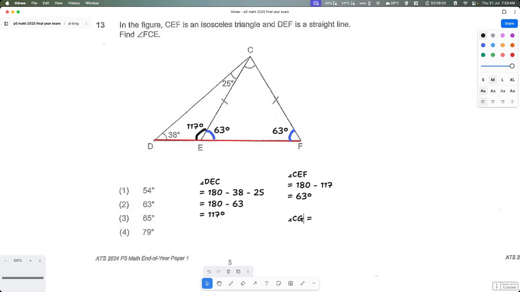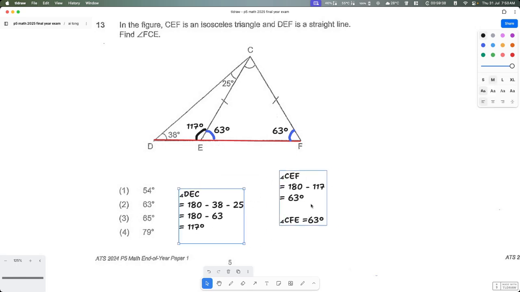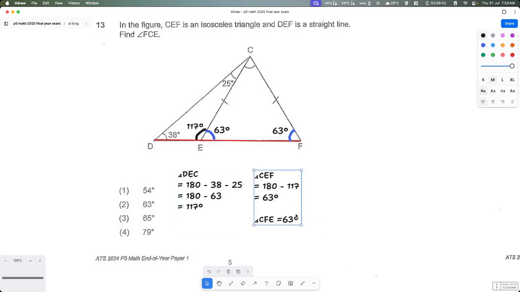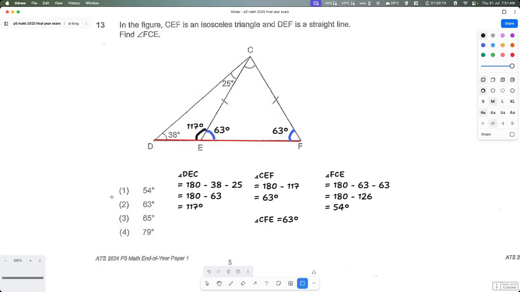With that said, angle FCE is equal to 180 minus 63 minus 63. 63 plus 63 gives us 126, and 180 minus 126 is 54 degrees. So the answer to this question is option number 1.